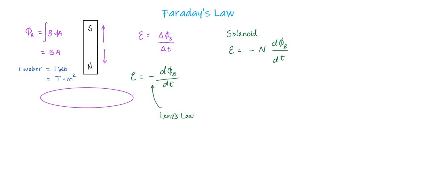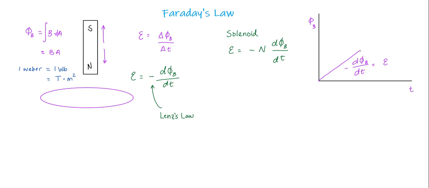So if we make a graph here, let's make a graph of magnetic flux versus time. What we see is as long as there is some sort of a slope, this slope, or the derivative of this function, which we'll write here as d phi dt, is going to tell us the EMF, and we need to make sure we take the negative of that derivative.